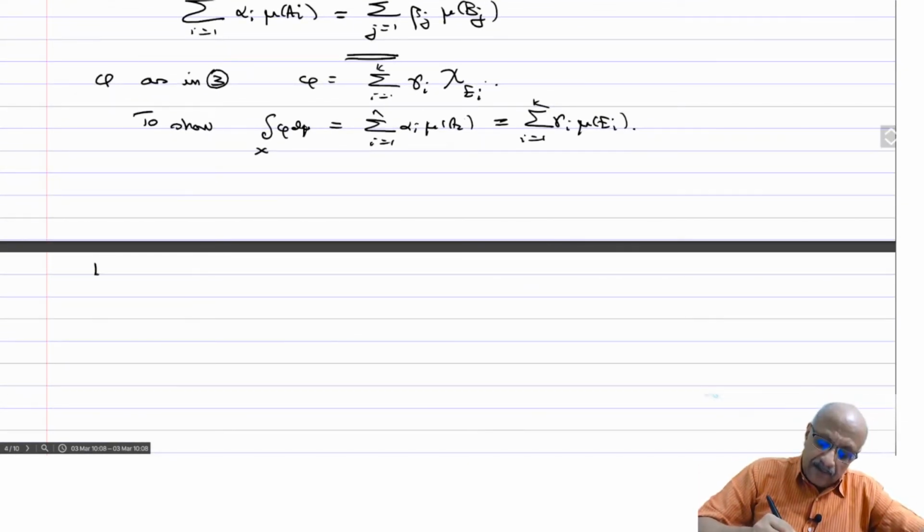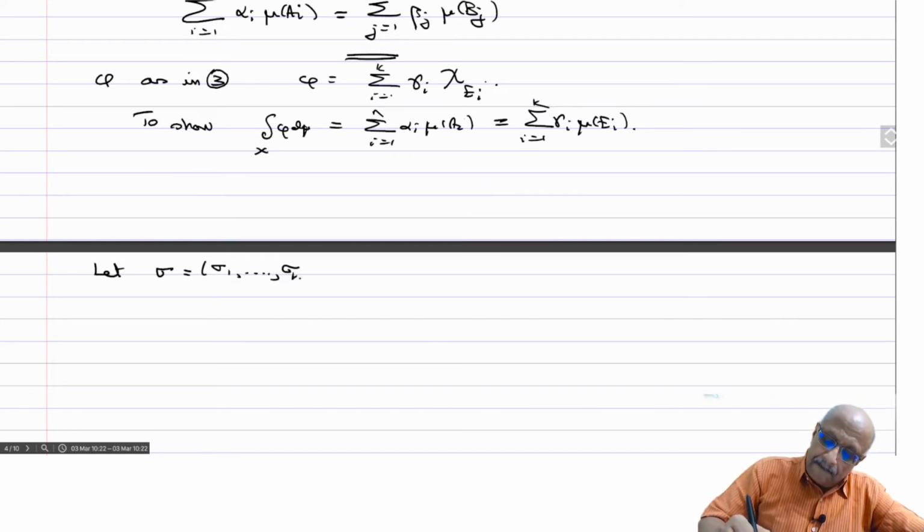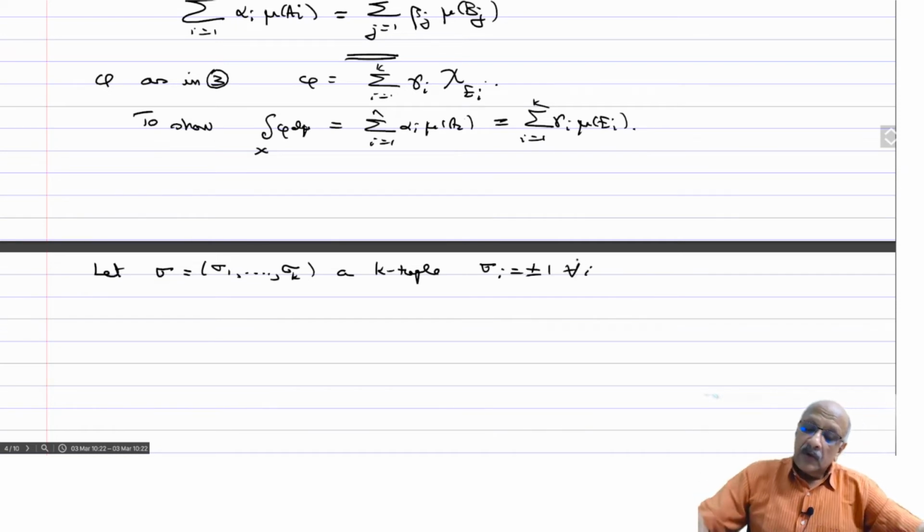So let sigma equal to sigma 1 to sigma k, a k-tuple, with sigma i equals plus or minus 1 for each i. E1 to Ek are the sets, and k is the index set. Put sigma 0 to be the one which is minus 1, minus 1, minus 1.